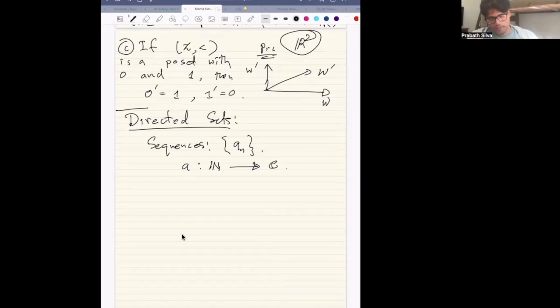So it's a function with a domain and a range. In this case, the domain is a well-ordered set, and we can even ask what's the next element? That's all.